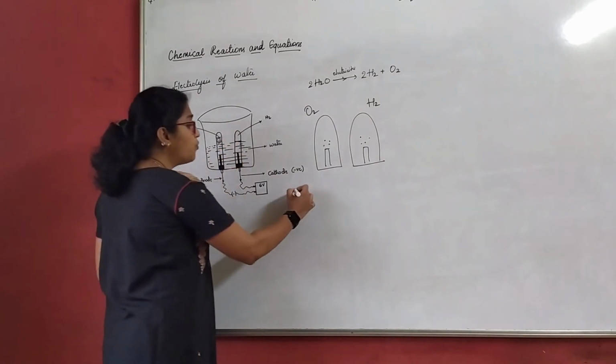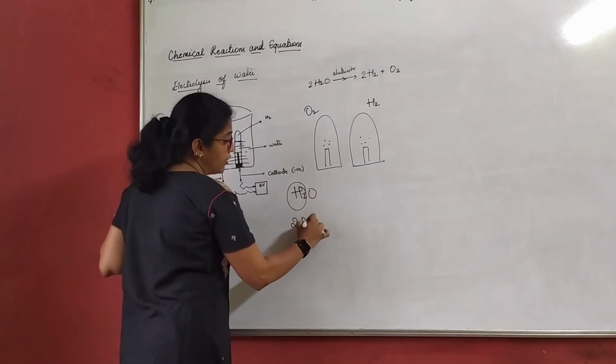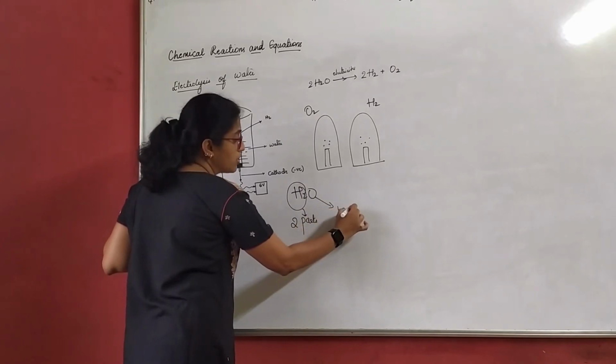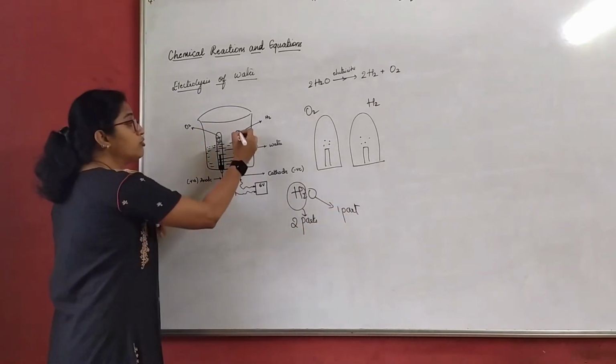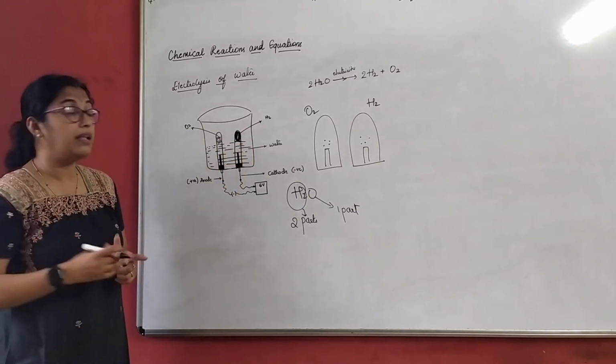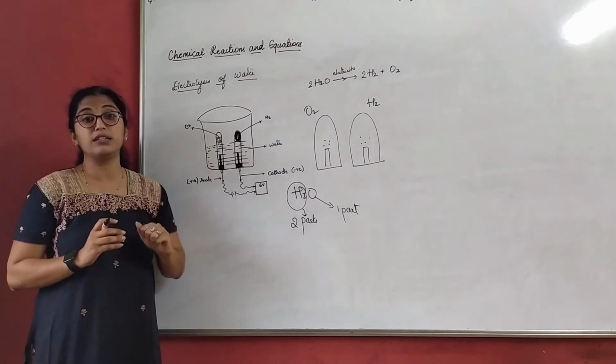Why? Water has 2 parts of hydrogen and 1 part of oxygen, right? So the amount of gas collected in the test tube that is hydrogen gas is double the amount of gas collected in the other test tube, that is oxygen.